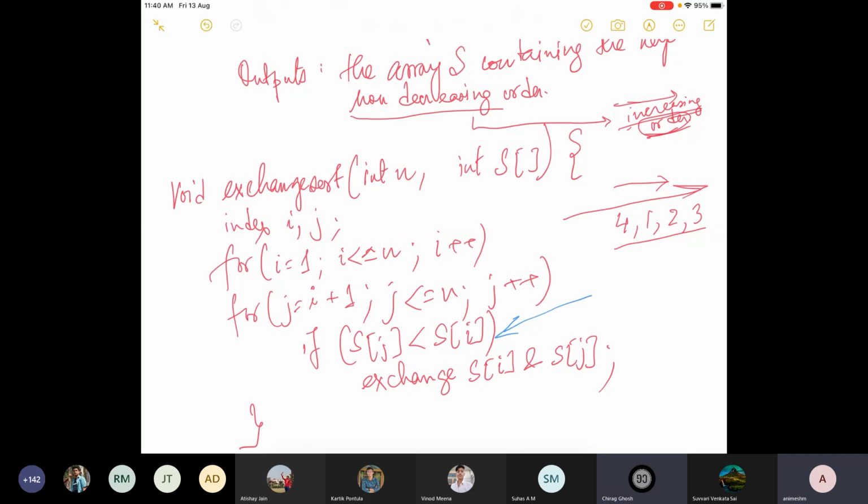Sir, order means that every element should follow that rule. Yes, every element should follow some sort of a relationship which imposes a kind of an order on them. So for instance, this is an ordered set, A less than B less than C less than D. But if you have A less than B greater than C greater than D, this is not an ordered set. Okay.